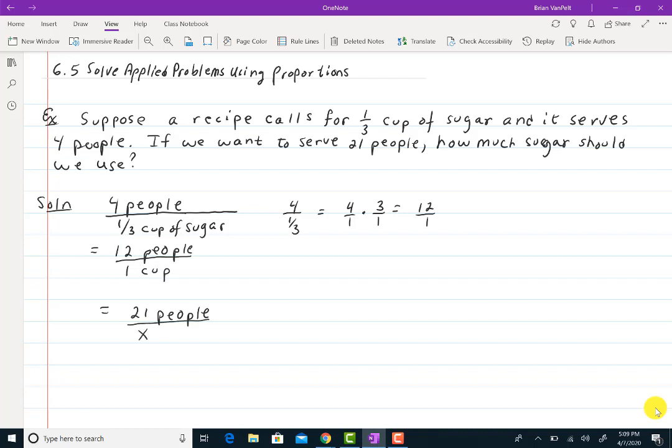But I wonder how many cups it's going to take for 21 people instead of 12. So these rates are the same thing. So instead of doing all of this and trying to figure out the rate per person and then trying to manage it for 21 people, we could use a proportion to solve the same thing.